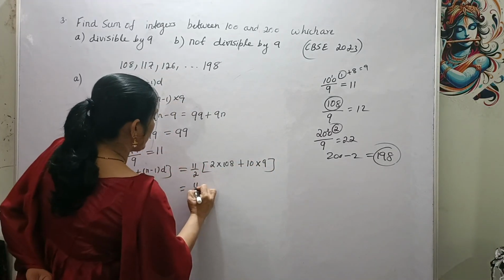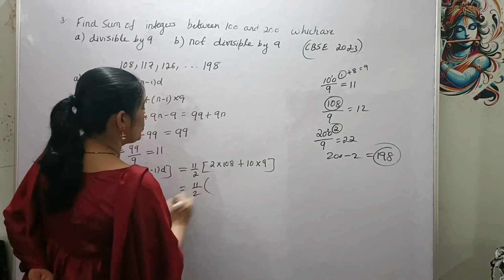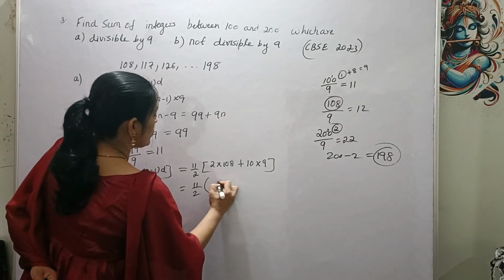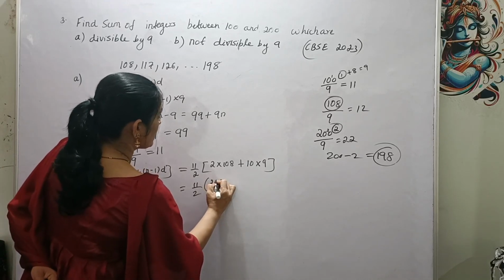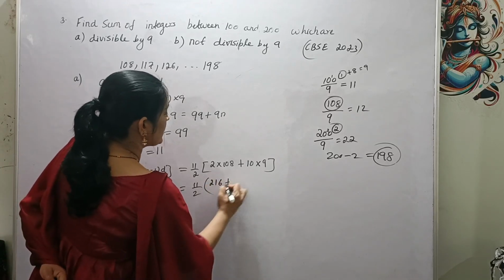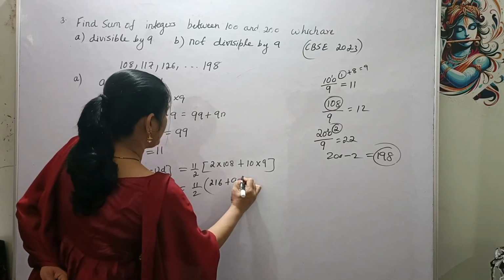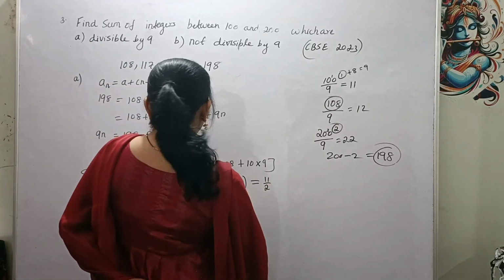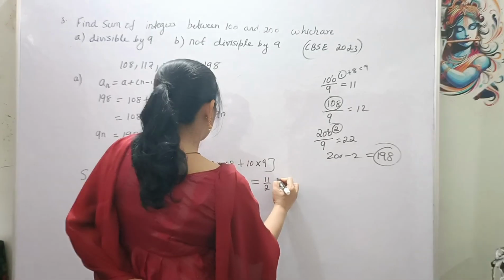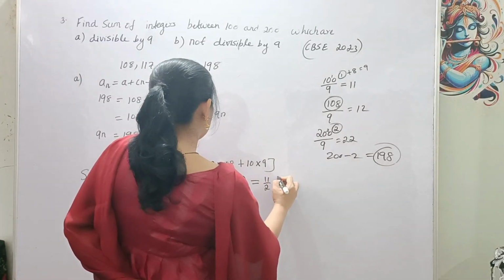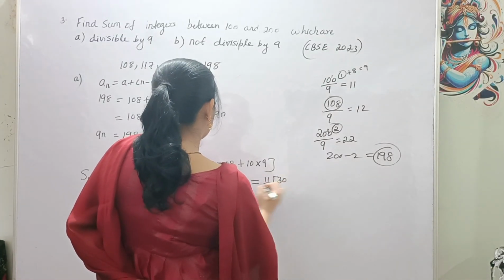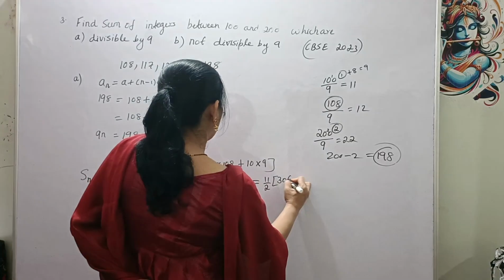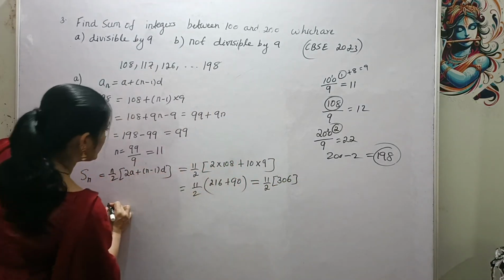That is equal to 11 by 2 into 216 plus 90. That is equal to 11 by 2 into 306, right? 306.